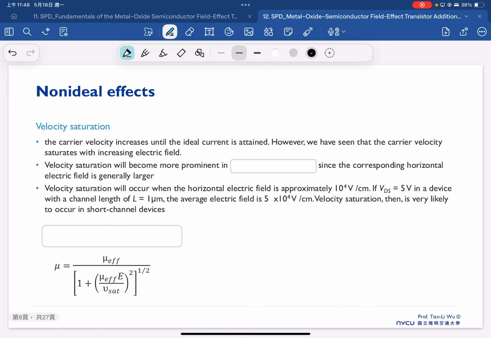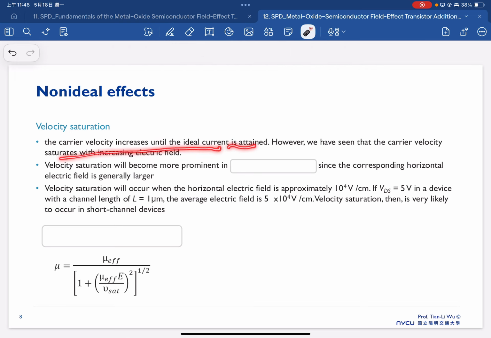So here's some more details about velocity saturation. The carrier velocity increases until the ideal current is attained. However, we have seen the carrier velocity saturate with increasing electric field.